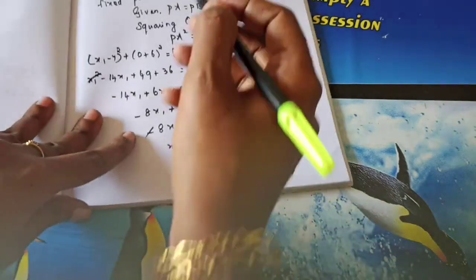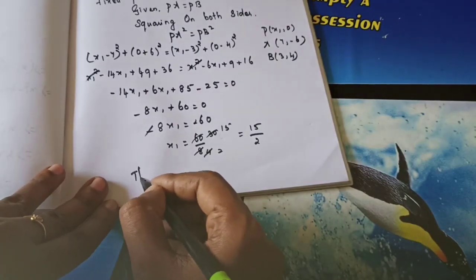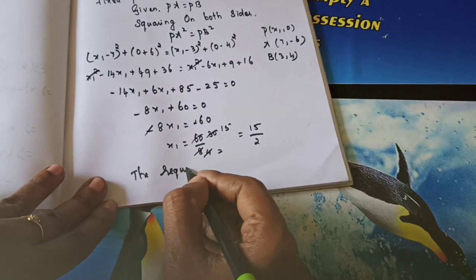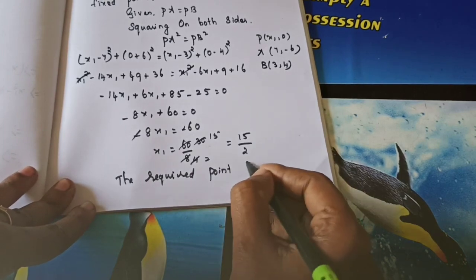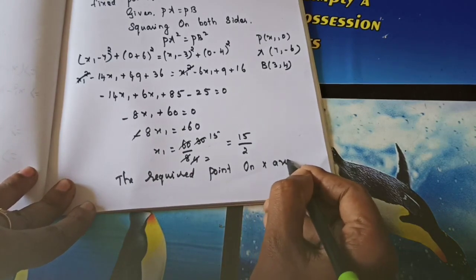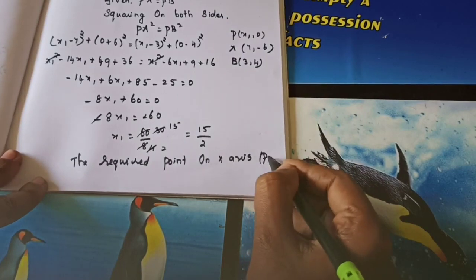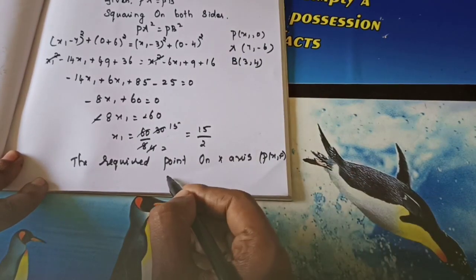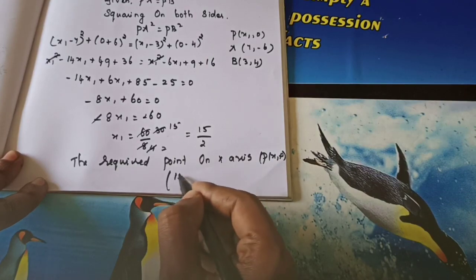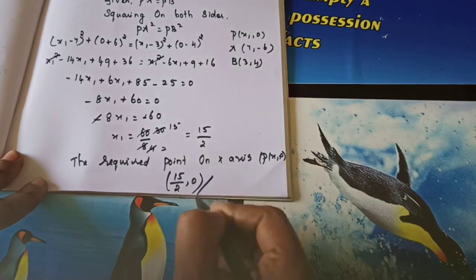Now substitute in P of x1 comma 0. The required point is on the x-axis, so the point is P of x1 comma 0, correct? So substitute here; the point is 15 by 2 comma 0.